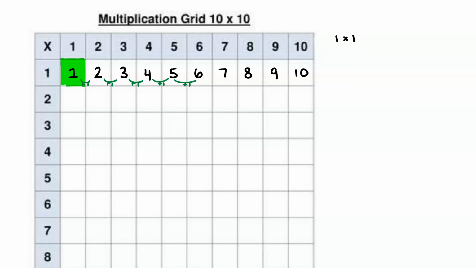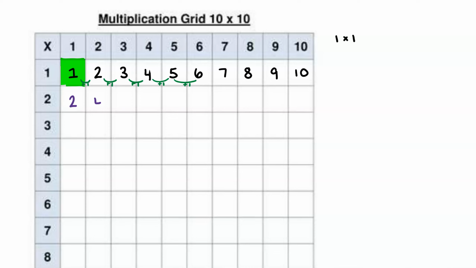So now let's multiply by 2. So we'll have 2 times 1. That's 2 rows with 1 penny each. So there'll be 2 pennies. The next box over, 2 times 2, that would be 2 rows with 2 pennies each.